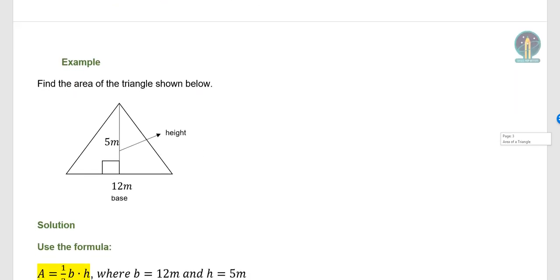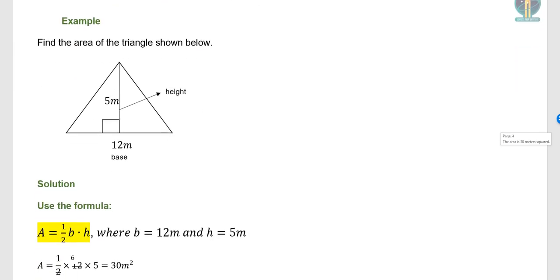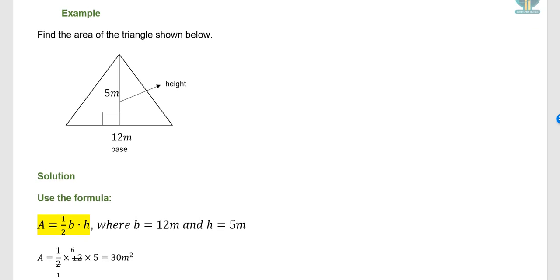Let's look at an example. Find the area of the triangle shown below. The base is 12 meters. The height is 5 meters. So again, we have half times base times height, where the base is 12 meters and the height is 5 meters.